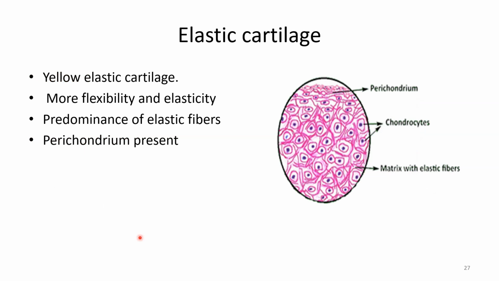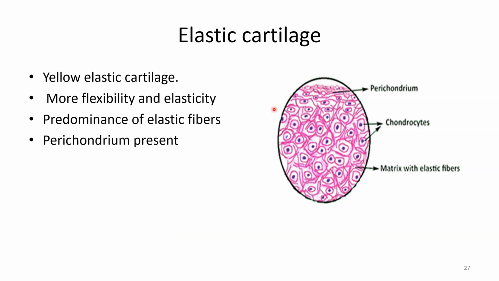Now let us learn about the elastic cartilage. It is also called yellow elastic cartilage because it looks yellow in the fresh state. It is more flexible and elastic, and it has a predominance of elastic fibers, and perichondrium is present.